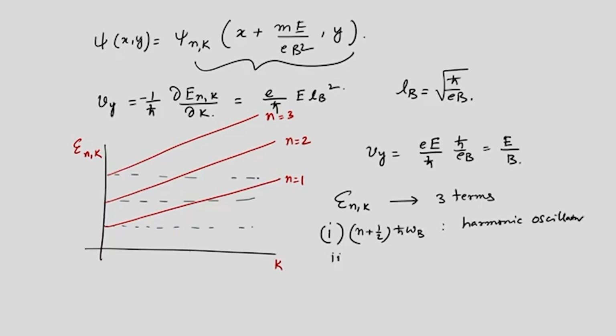Number 2, which is like a potential energy of a wave packet, which is localized at x equal to minus k L_B squared minus m E divided by e ω_B squared. It is the potential energy of a wave packet.